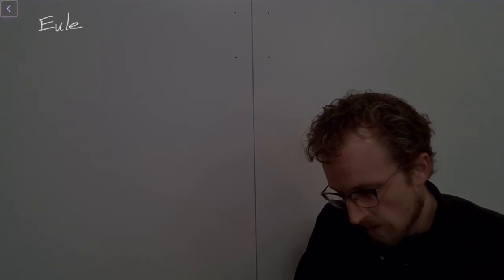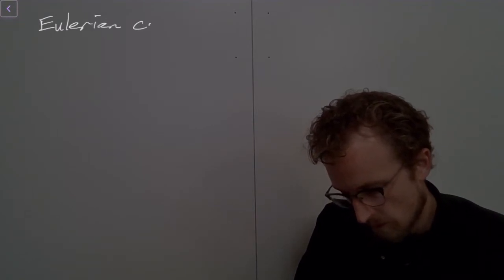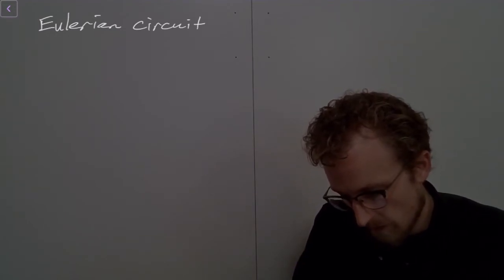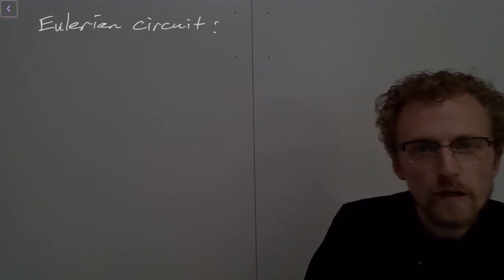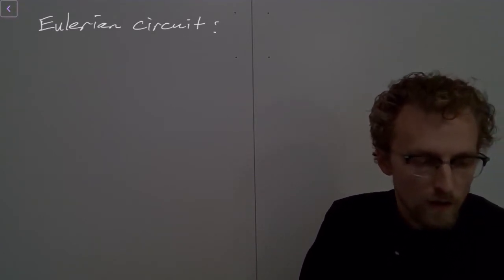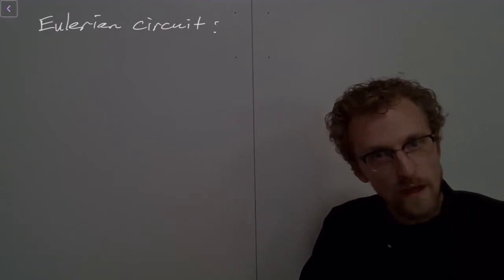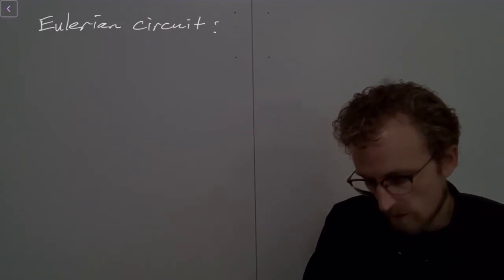So the Eulerian circuit problem. All right, let me just define Eulerian circuit. An Eulerian circuit is a closed path on a graph that uses each edge exactly once.